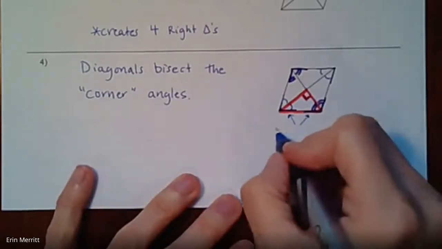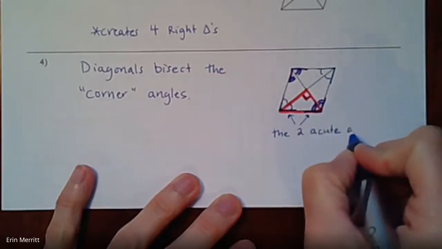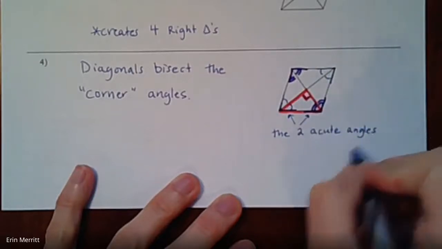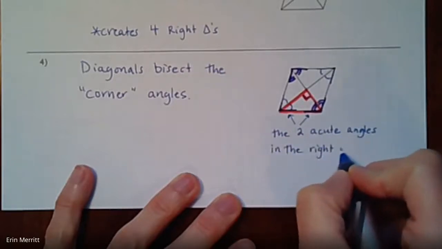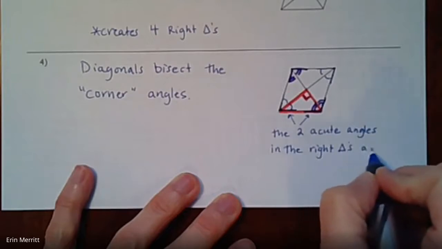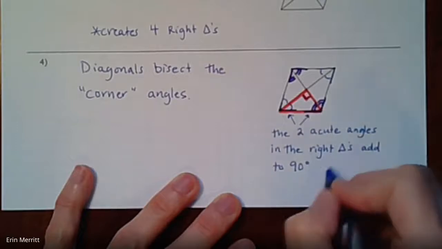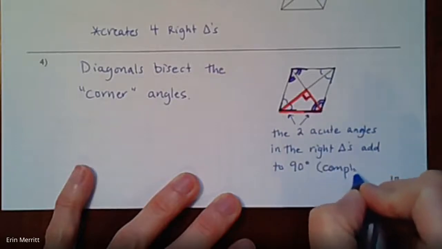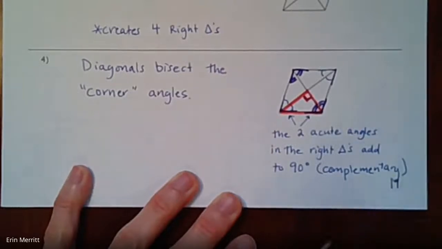So I'm going to say the 2 acute angles in the right triangle add to 90 degrees, or we would say those are complementary.